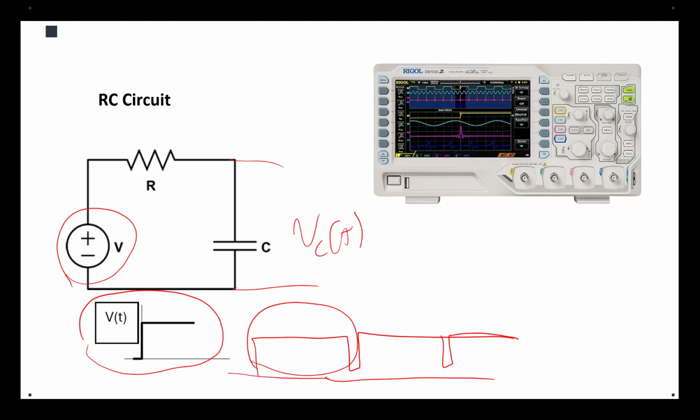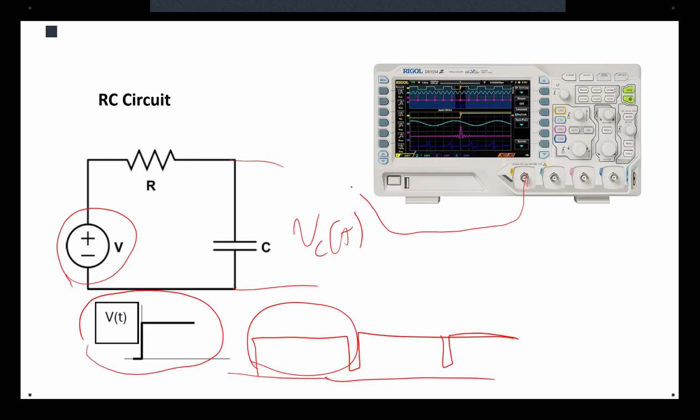Are we good? Now, to measure the output, simply connect one of these four channels across the capacitor. If you want to have a two-channel analysis, I suggest measuring both output and input.